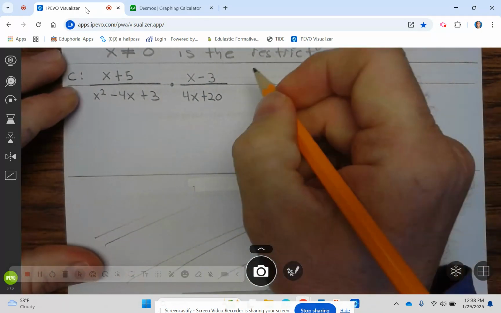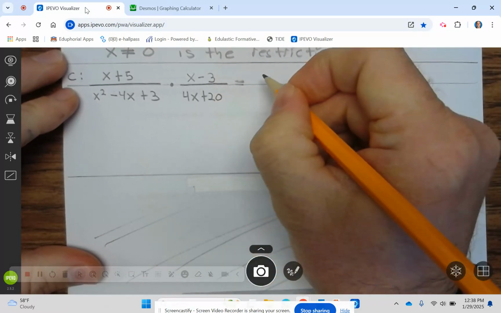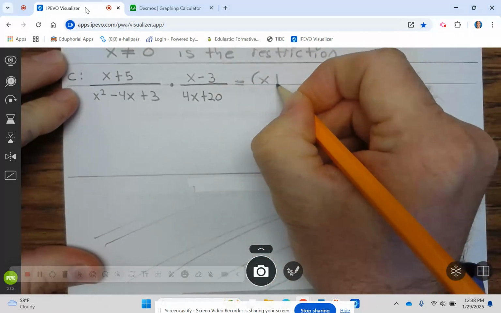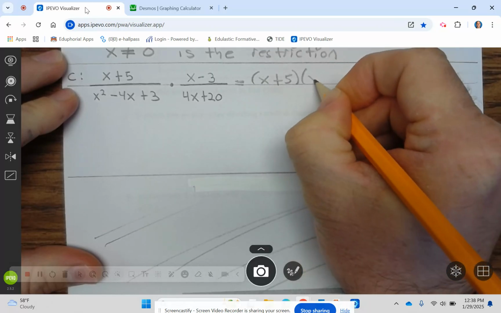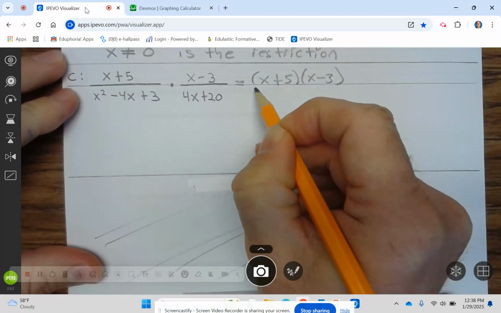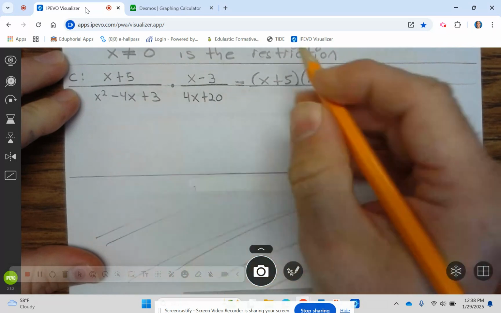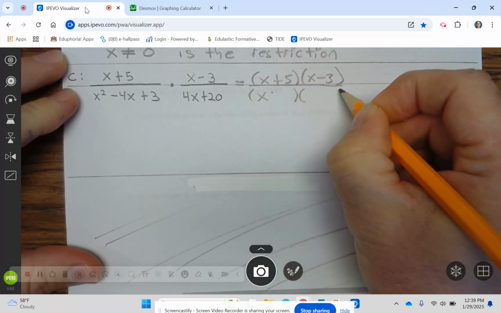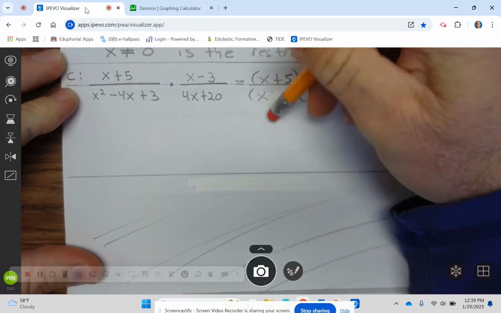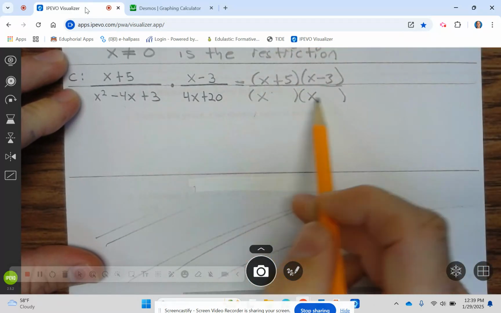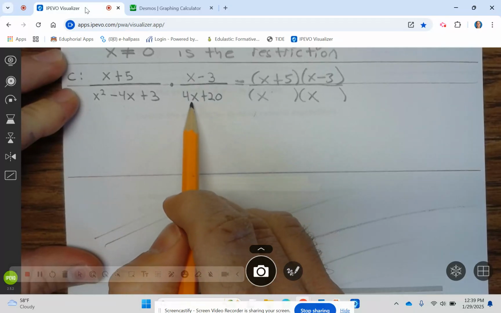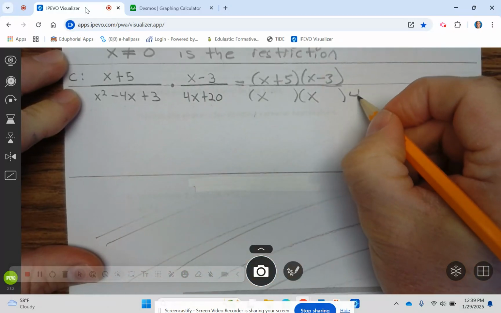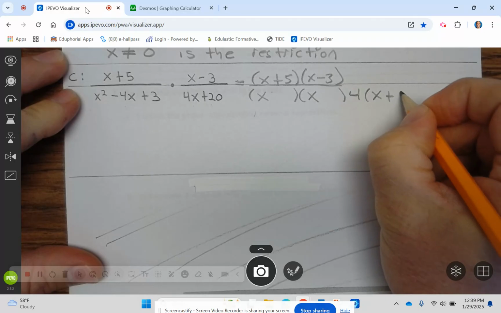Okay, so we have x plus 5 times x minus 3 divided by, we need to factor this, so that's x and x, because x times x gives x squared, and then we can factor out a 4 from here, so that's 4 parentheses x plus 5.